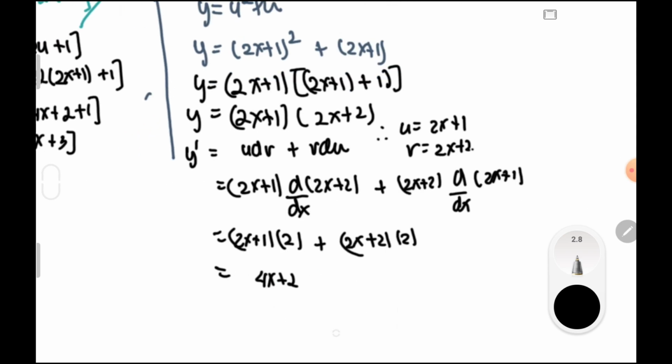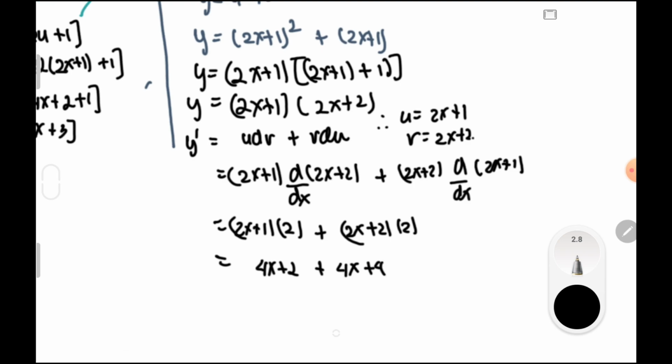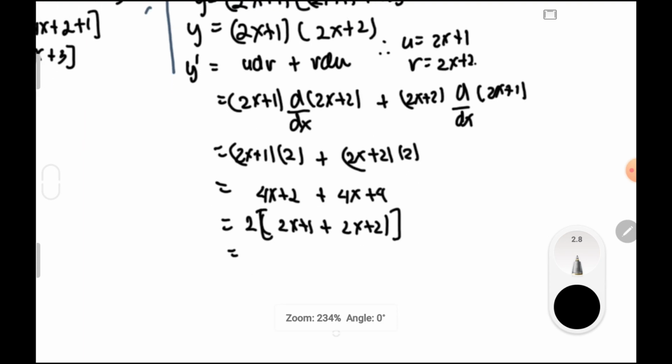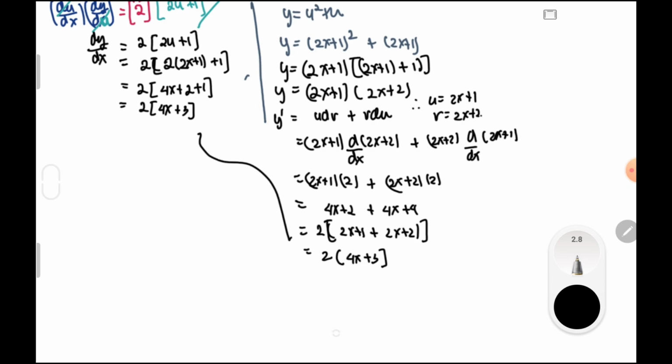So we'll have 2x plus 2 multiplied by 2, which gives 4x plus 2, plus 4x plus 4. Actually, what we will do is take out the 2, and we'll have 2 multiplied by 2x plus 1 plus 2x plus 2 when we take it out. So we'll have a value equal to 2 multiplied by 4x plus 3, which is the same.